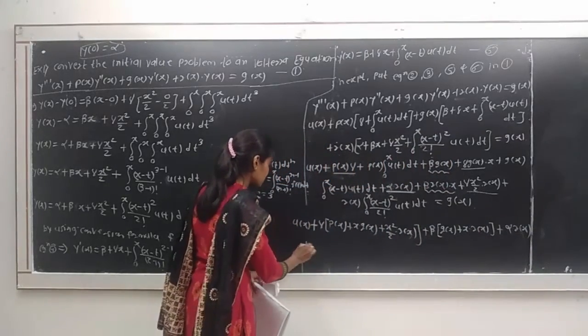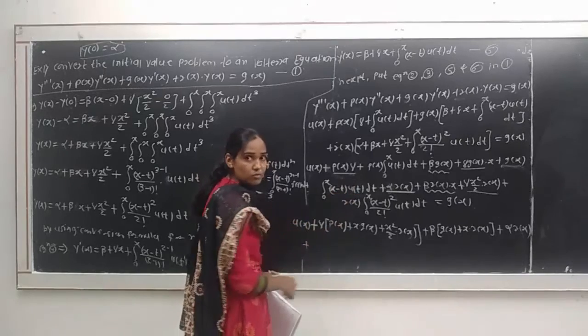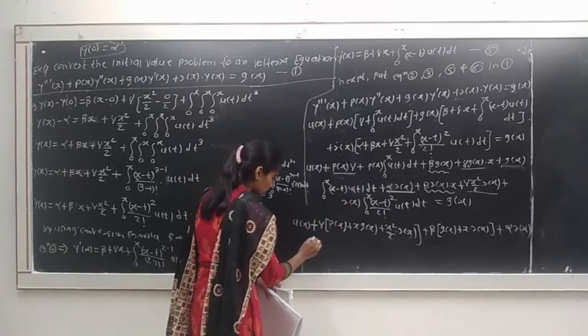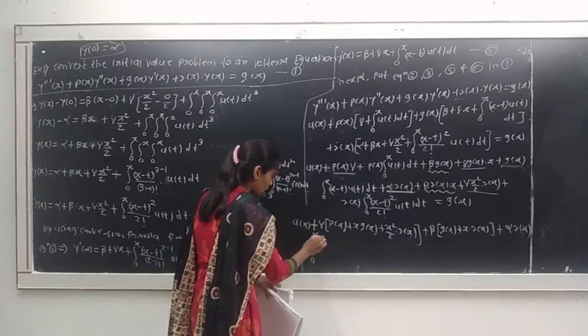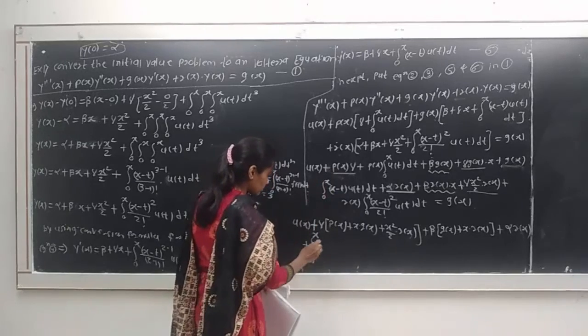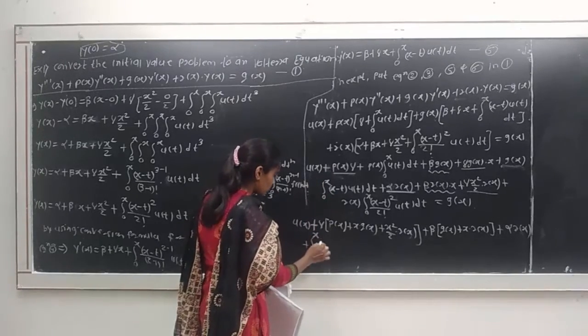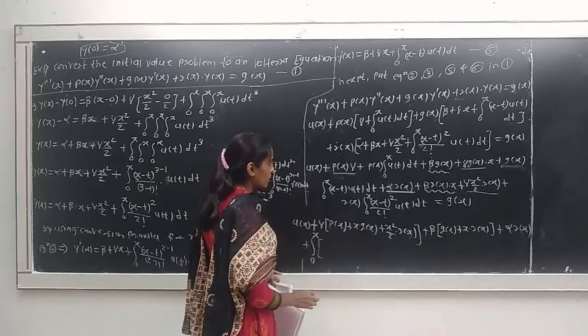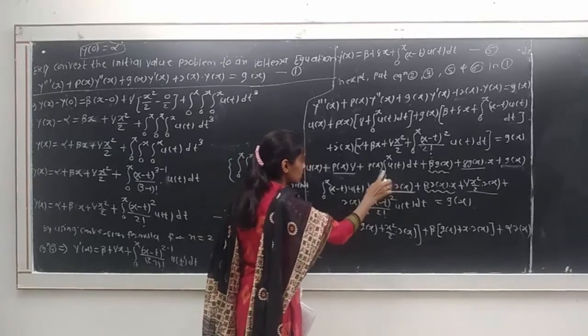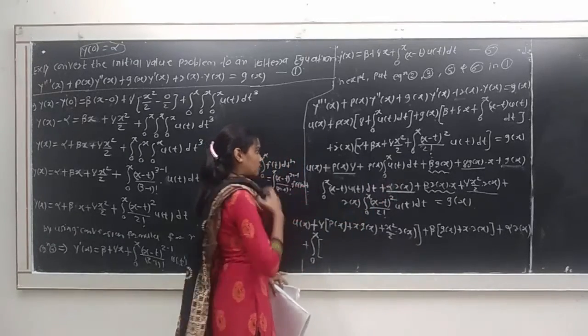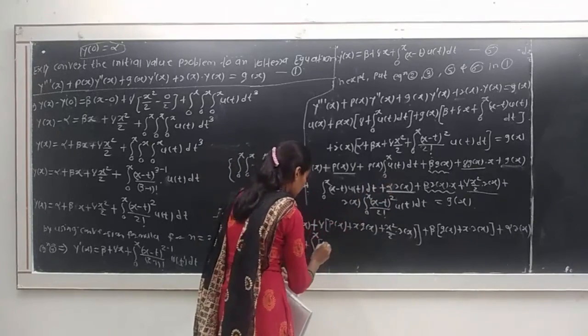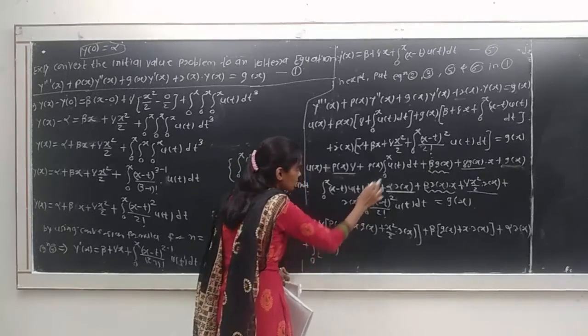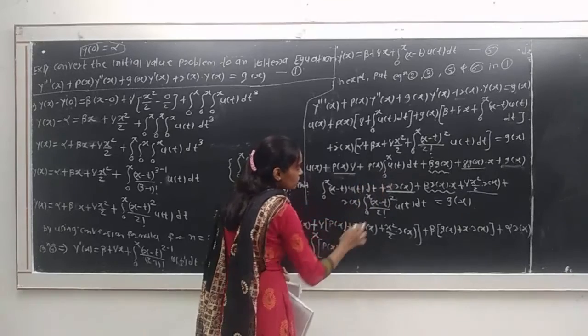Then plus next we write the terms of integration, that is we take integration 0 to x outside and take all the terms, that is plus integration from 0 to x inside bracket. First integration is this and the coefficient of this integration is p of x.